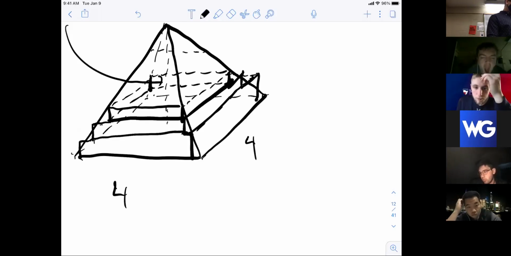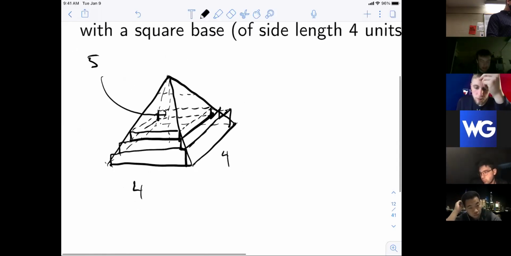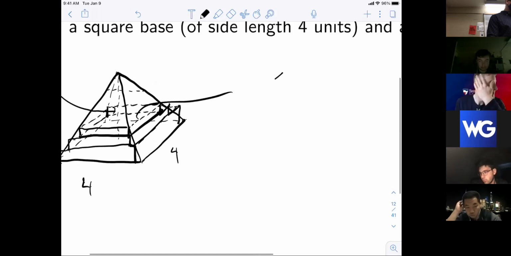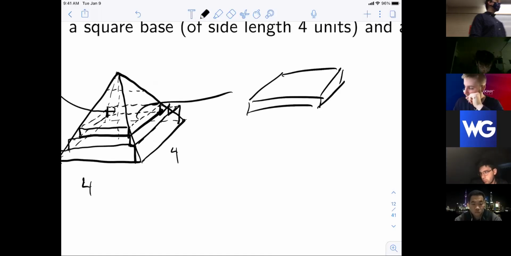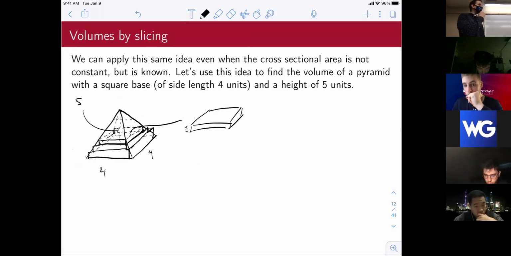So let's look at this slice that I first drew, the slice in the middle. What should we call its width? We're going to take equal slices.